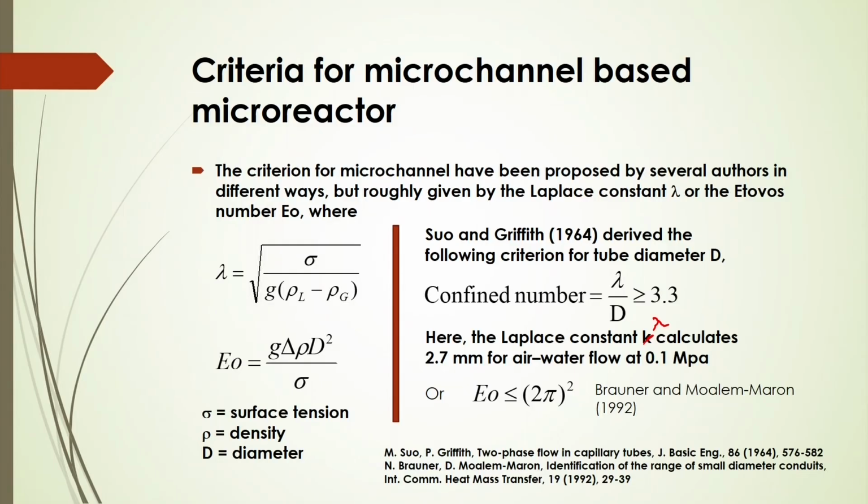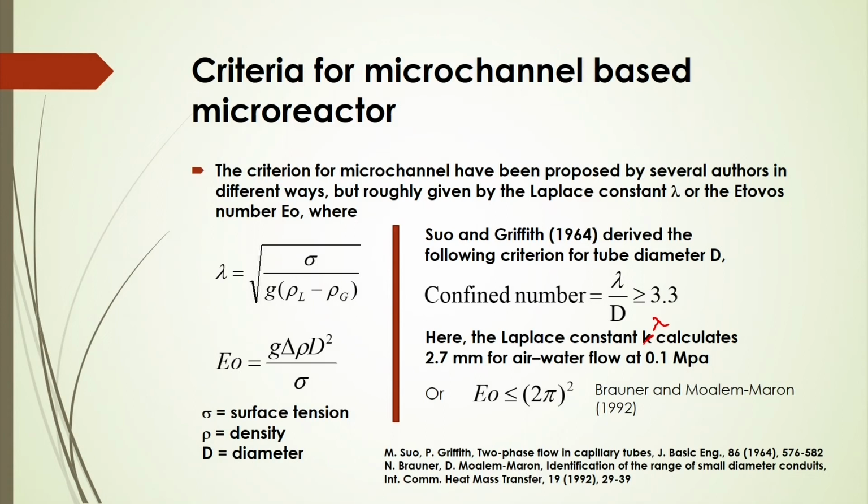In that case, d will be around 831 micrometer. So in this way, if you consider exactly 3.3 for this Laplace constant of 2.7, then you can say that the microchannel diameter should of course be less than 831 micrometer.